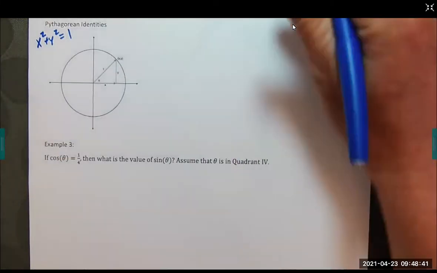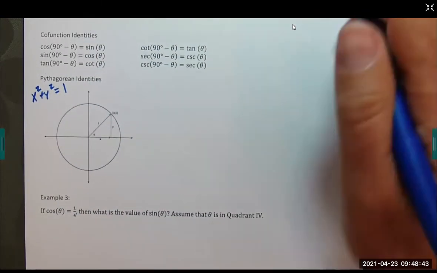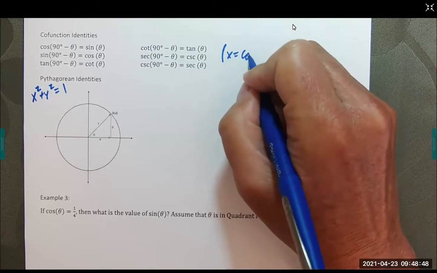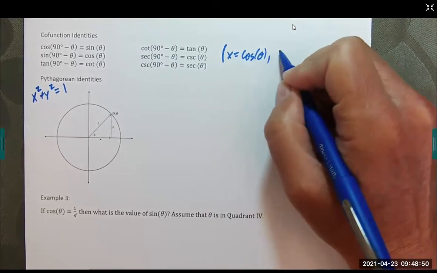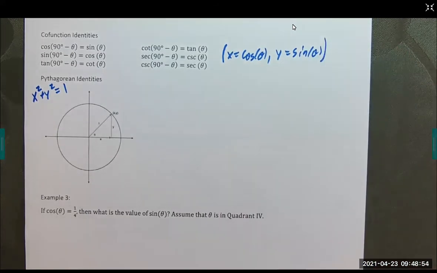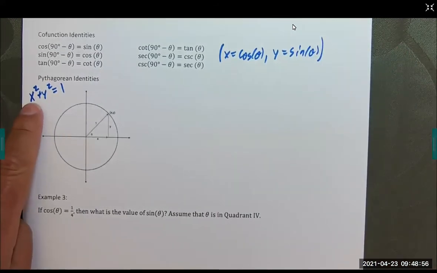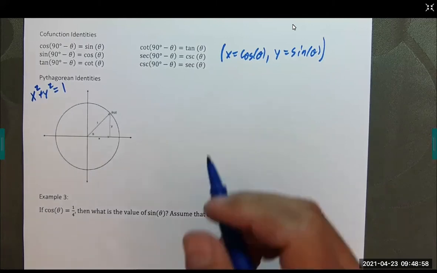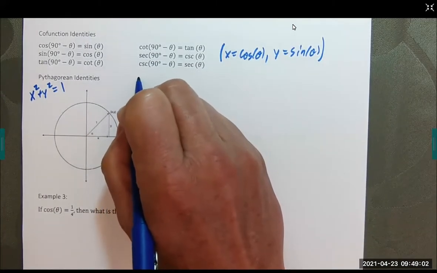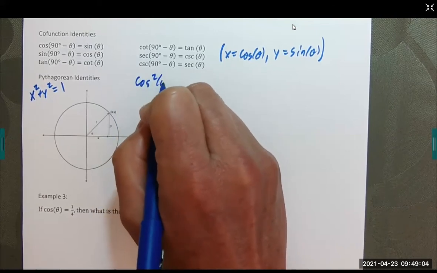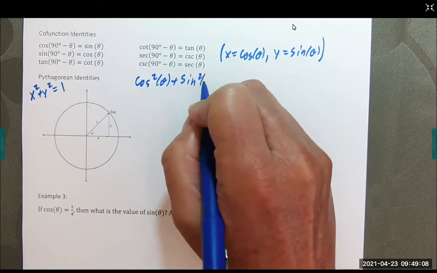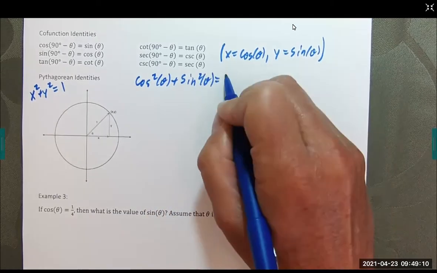Now, as you might recall, x equals cosine theta and y equals sine theta is our x and y. So I've replaced the x and the y with the cosine and the sine. So this becomes x squared, which is cosine squared theta, plus sine squared theta is equal to 1.